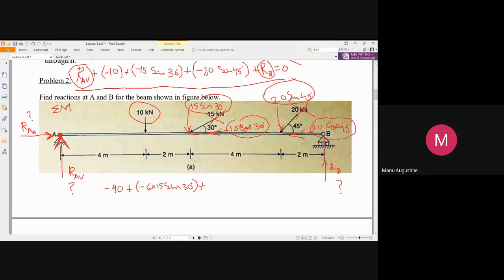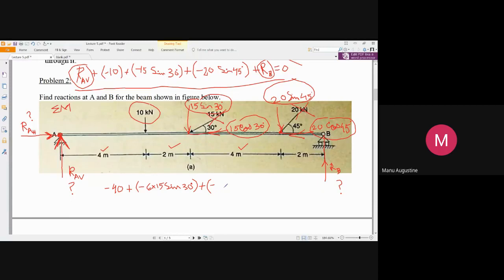Come to the next force. 20 sine 45. It's a vertical force acting at a distance of 4 plus 2 plus 4 meters. What is the moment? Give it with the proper sign. Minus 141.84 kilonewton meter. Okay, I will put it in simple writing.